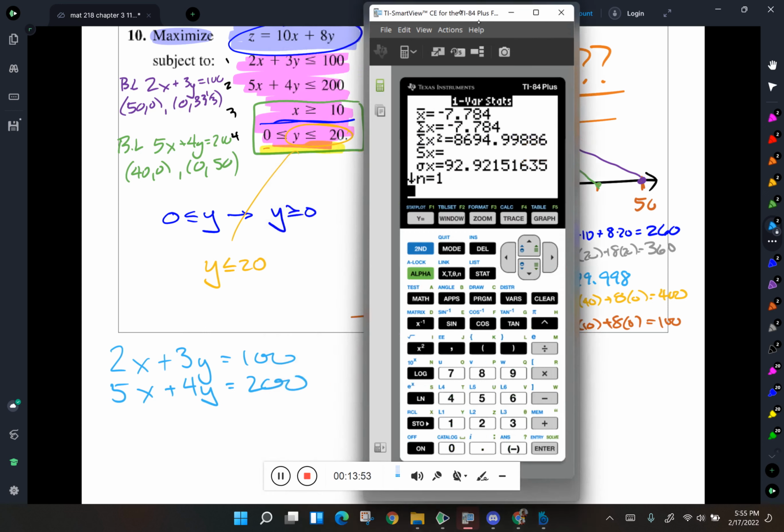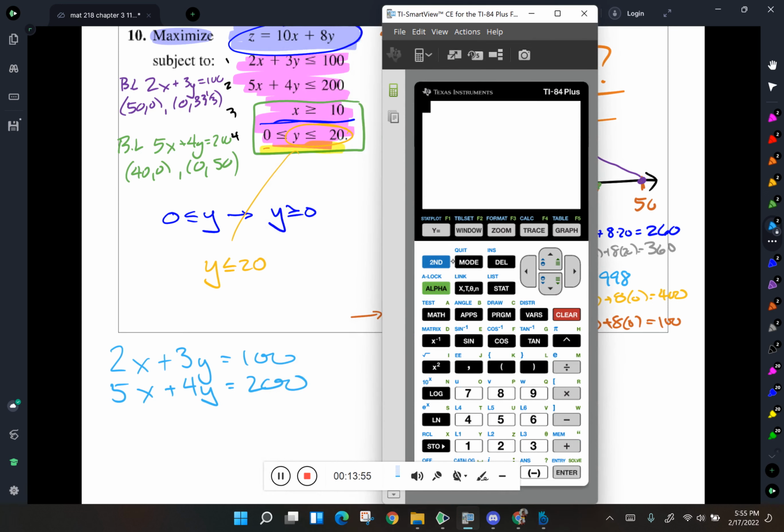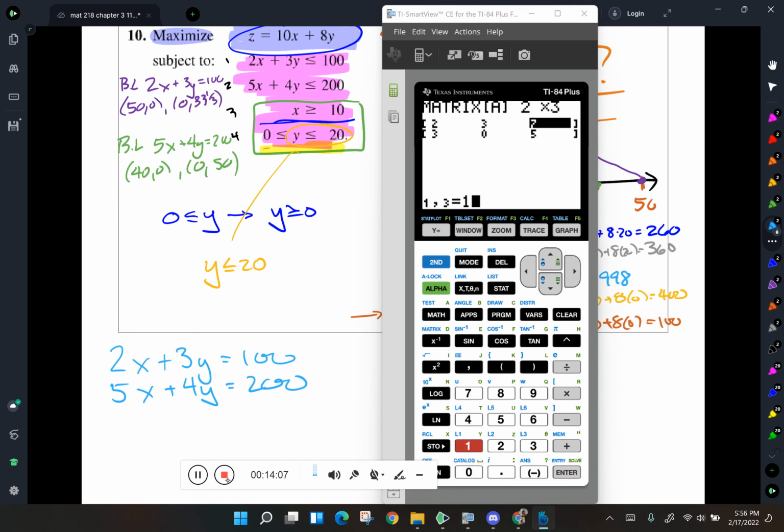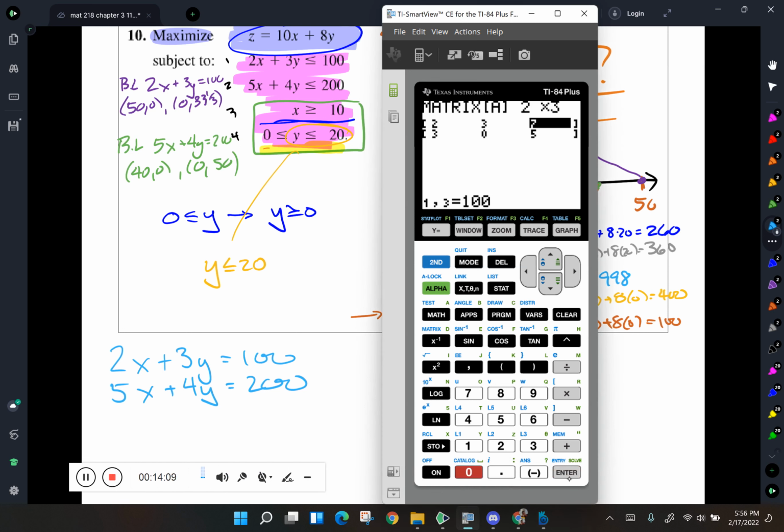So here's my calculator. I'm going to go to my matrix and edit it. That's a 2 by 3 matrix. The entries of the first row are 2, 3, 100. Second row is 5, 4, 200.